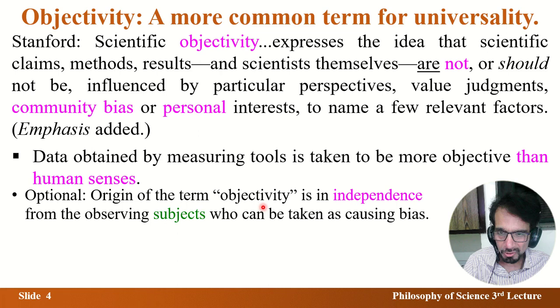Don't say that we see that metals expand on heating, or we see that all heavy things fall to the ground. Just say metals expand on heating, or heavy things fall to the ground. Do not mention any person, because if you bring in a person, you can possibly bring in bias or error.